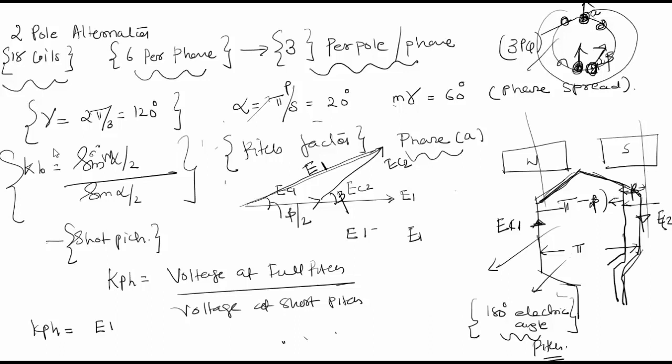So in this case E1 is equal to 2 EC1 sine beta by 2.